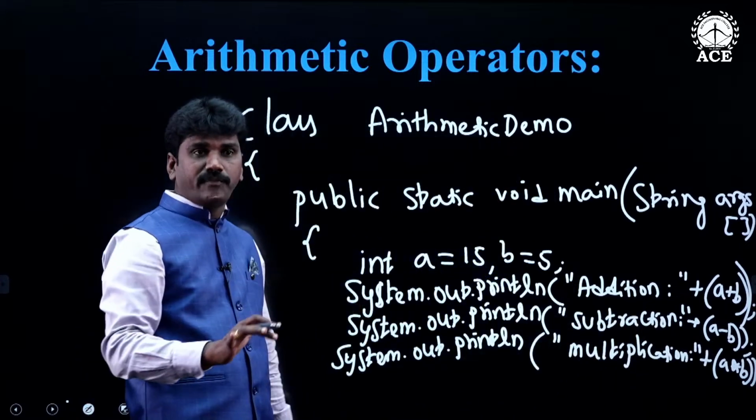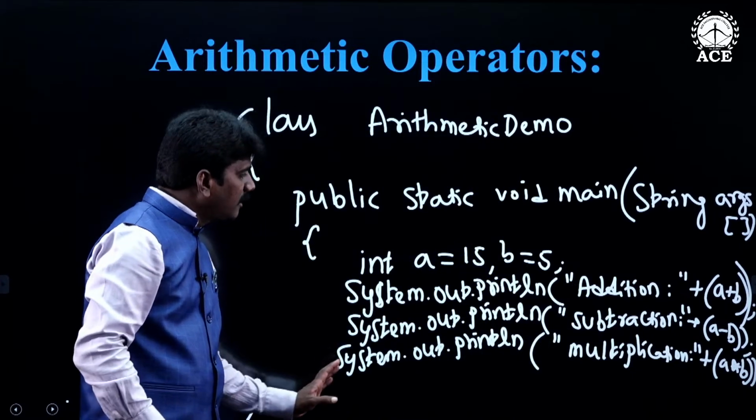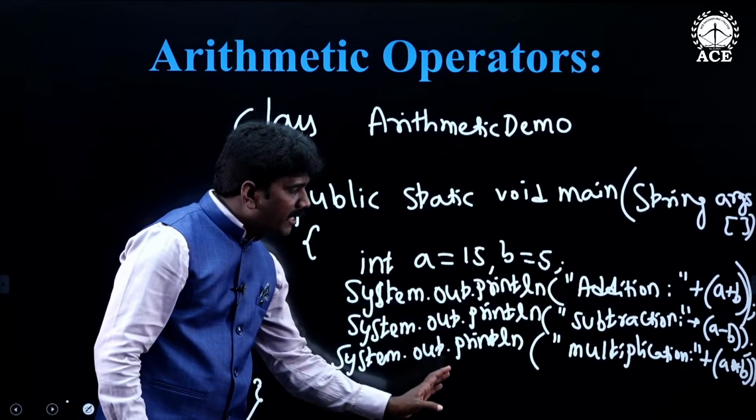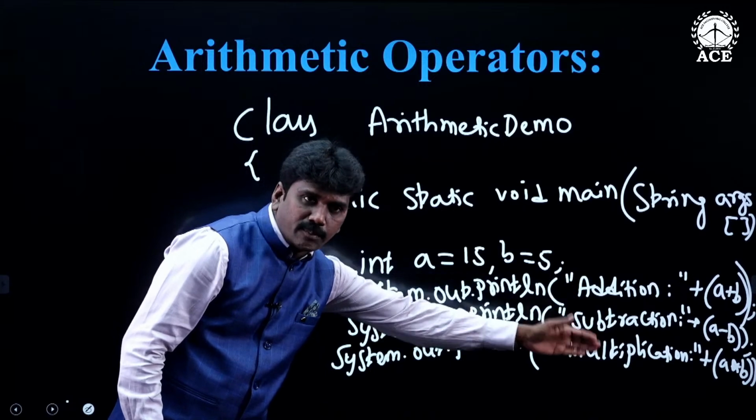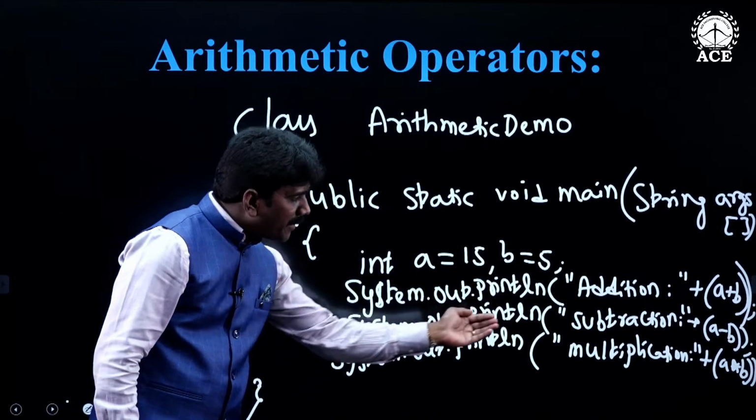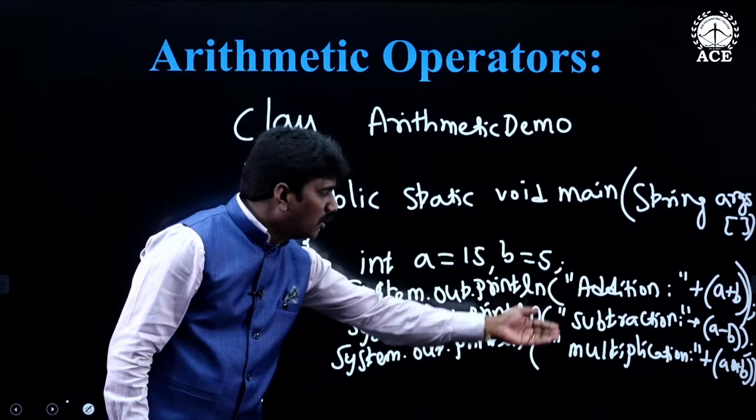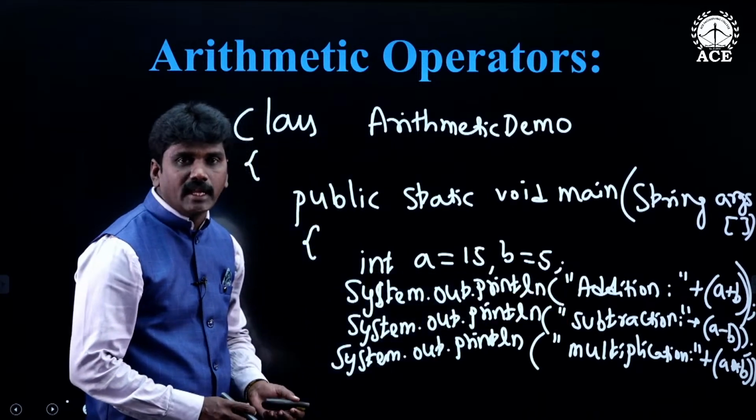Like this for the different operators. One more, System.out.println division plus a slash b. System.out.println modulo a mod b, like that we can write.